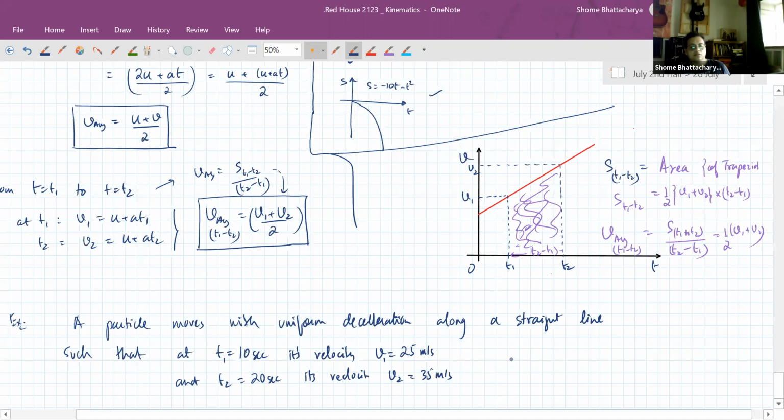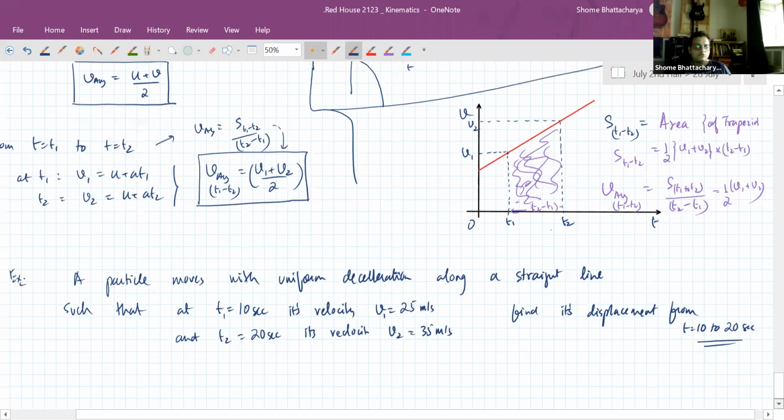So we want to find its displacement from t equal to 10 to 20 seconds. So this t1 to t2 only, we want to find the displacement.